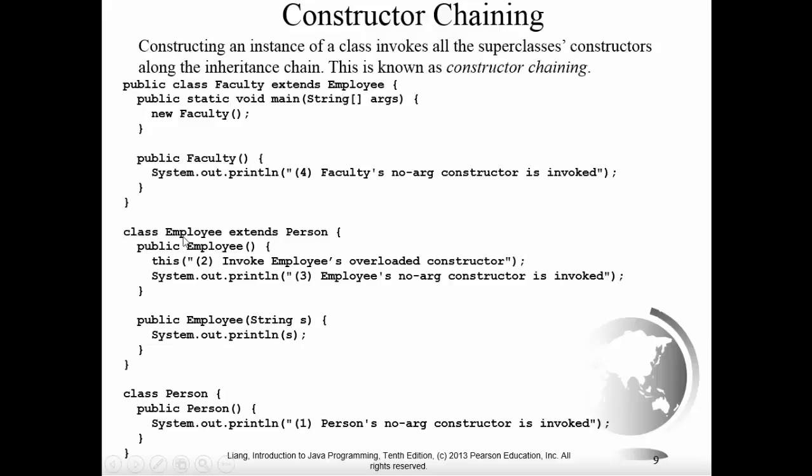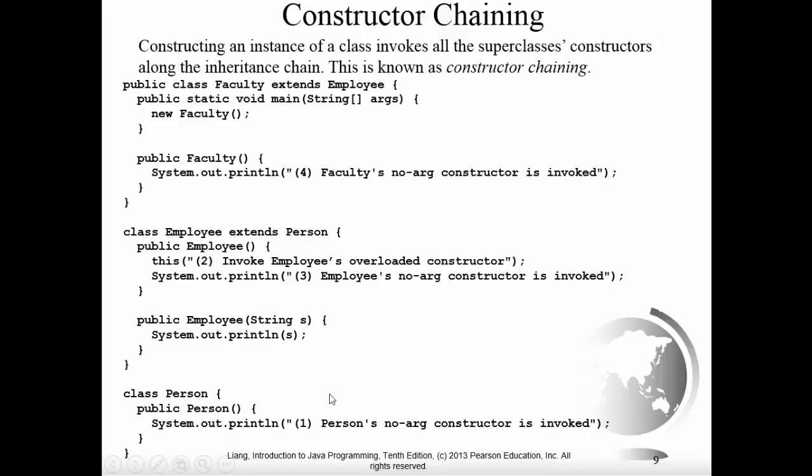Oh, here's our employee. Let's look at it first. We have a class named employee that extends person. Oops, here's our person. A person class. And all we have here is a constructor. And in our constructor, when somebody constructs an instance of a person, we print out this line, one, person's no-arg constructor is invoked.